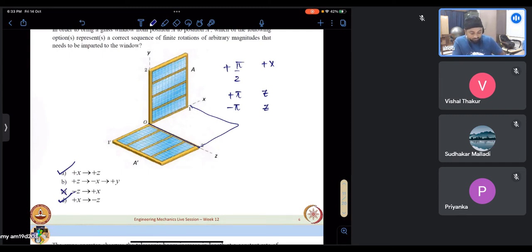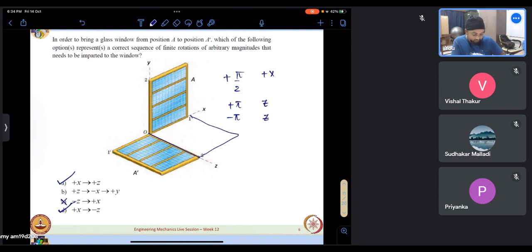If I rotate first with respect to plus x and then with respect to minus z by some quantities A and B, I'm able to reach the final configuration. Whereas if I reverse this, first applying the rotation B about z and then A, I won't be able to reach the final configuration, as we saw. So the point of this question is that finite rotations are not commutative.